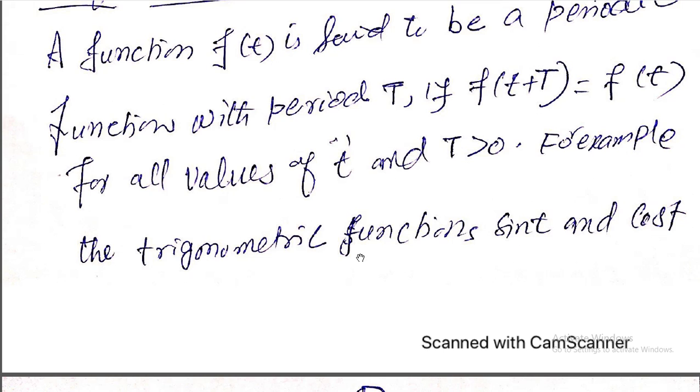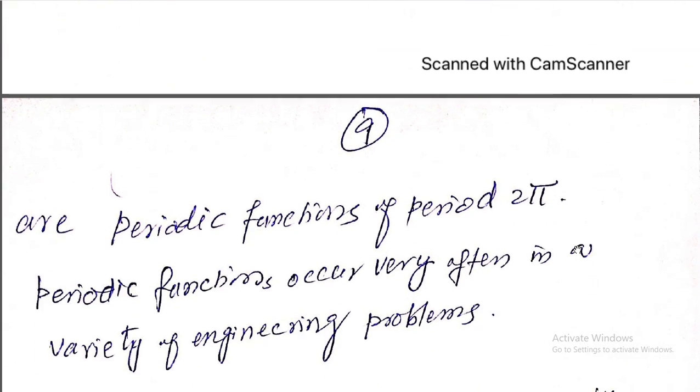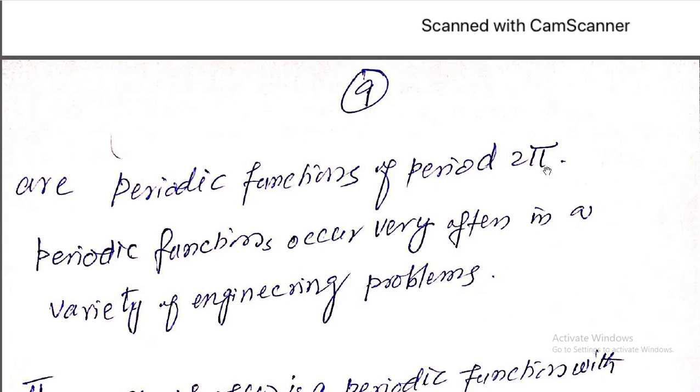For example, the trigonometric functions sine t and cos t are periodic functions of period 2 pi. Sine of theta plus 2 pi is equal to sine theta, and you can apply the formula sine alpha cos beta plus cos alpha sine beta, and the result will be sine theta.